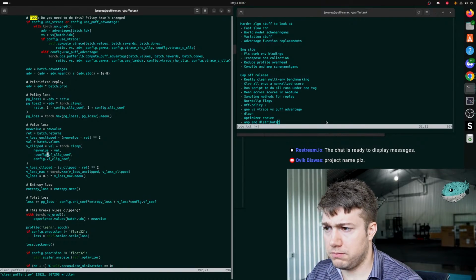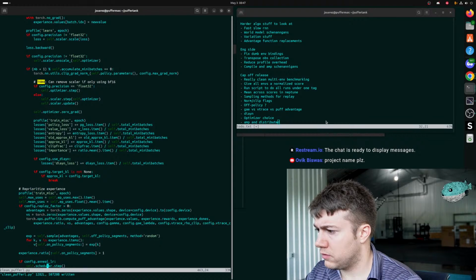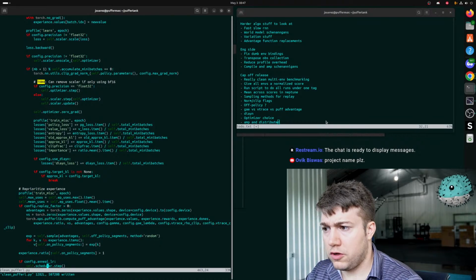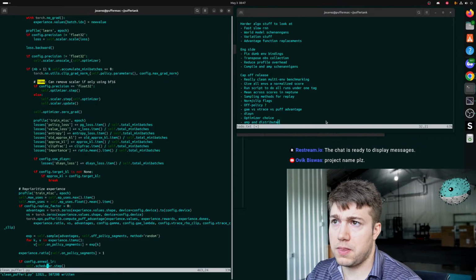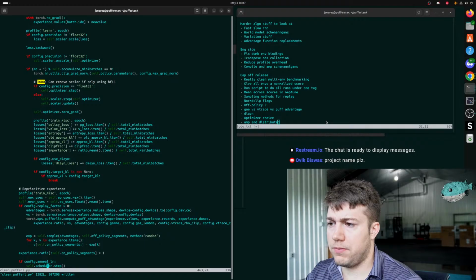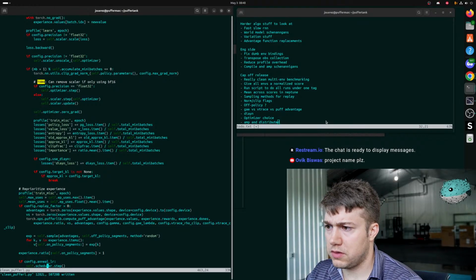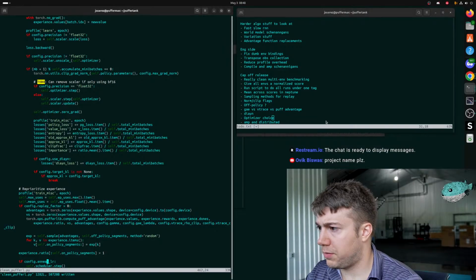What else? We can do perf stuff on AMP and distributed today. That's a pretty easy one to conclude. The GAE, V-trace, puff advantage, that will be experiments. Diane, we need to run some experiments. Off policy has never worked.